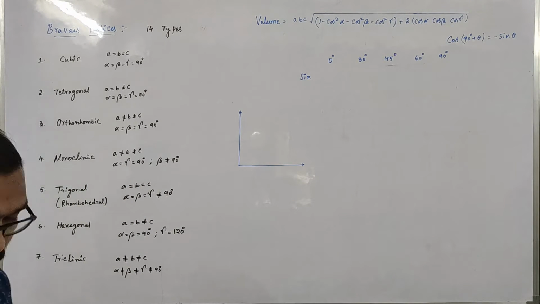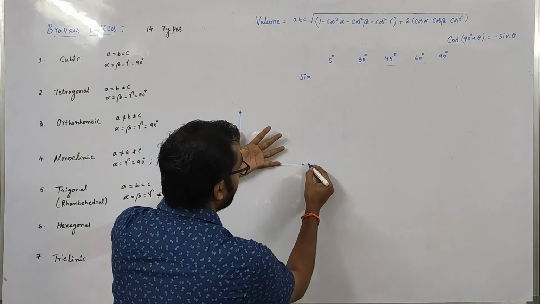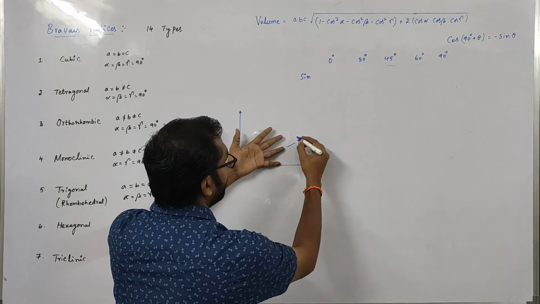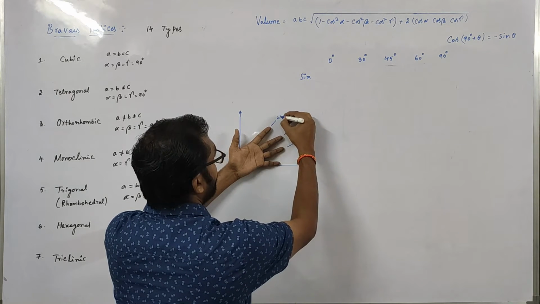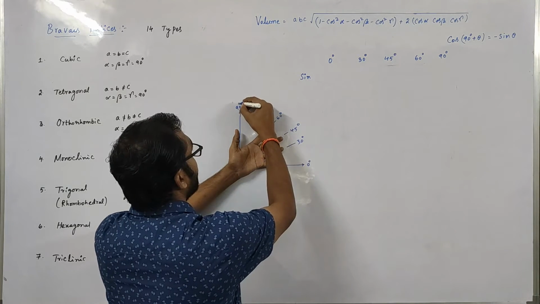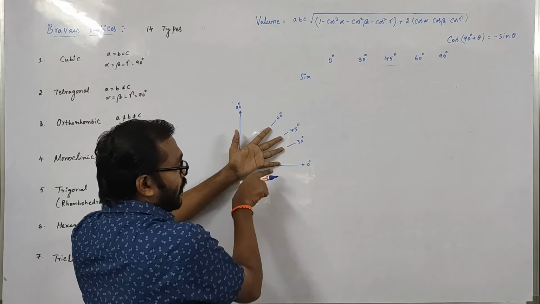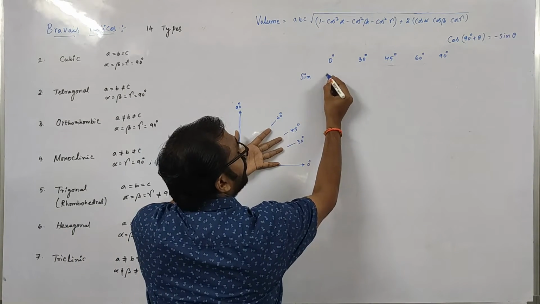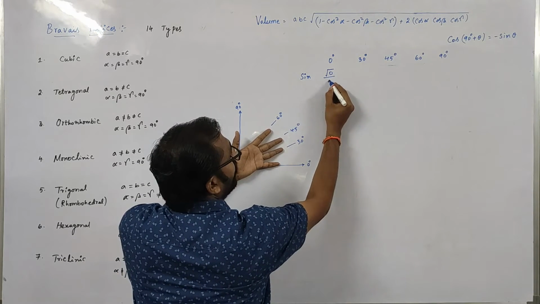If I assume my palm in this manner, I assume this as 0 degrees, 30, 45, 60, and 90 degrees. For the sine value, take the number of fingers below, and take root of that number by 2.